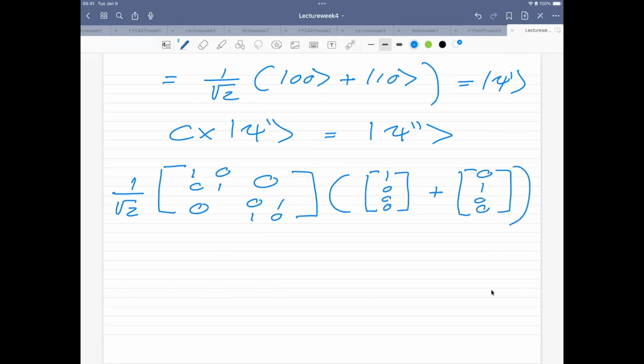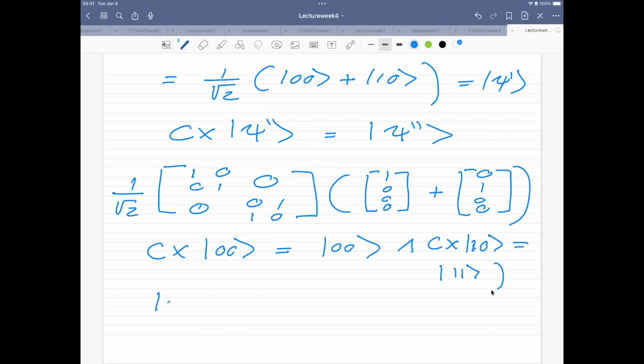Now, what happens is that we know that when this Cx acts on the state 0, 0, that gives us simply 0, 0, as we saw before. And when Cx acts on 1, 0, this gives us simply 1, 1.